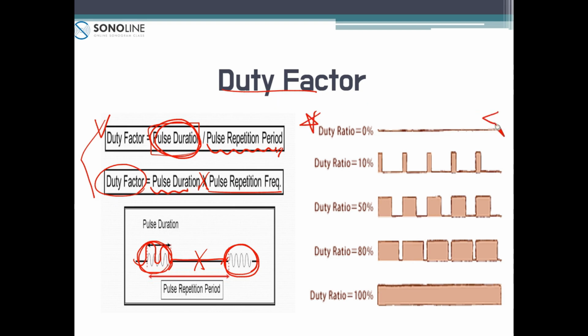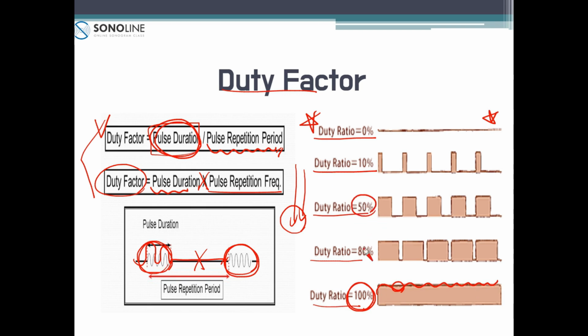Yes, what's important is the concept next to it. By looking at the percentage of the duty factor here, you can check how much of the pulse is being emitted. The higher this value gets, when it reaches 100%, it means that pulses are being emitted continuously without any resting interval in between. So, just remember that as the value increases, the pulses are being emitted continuously.